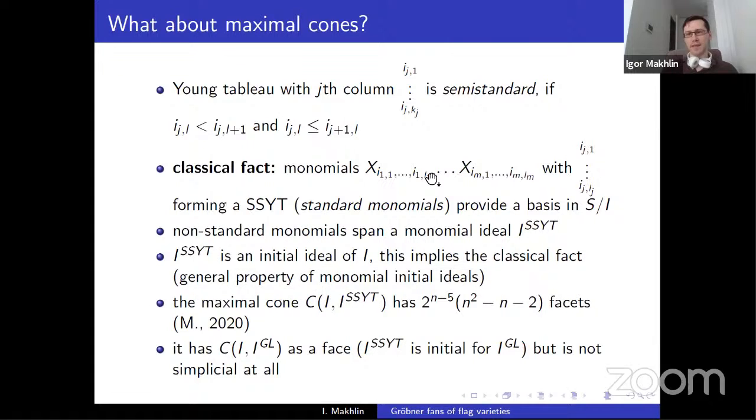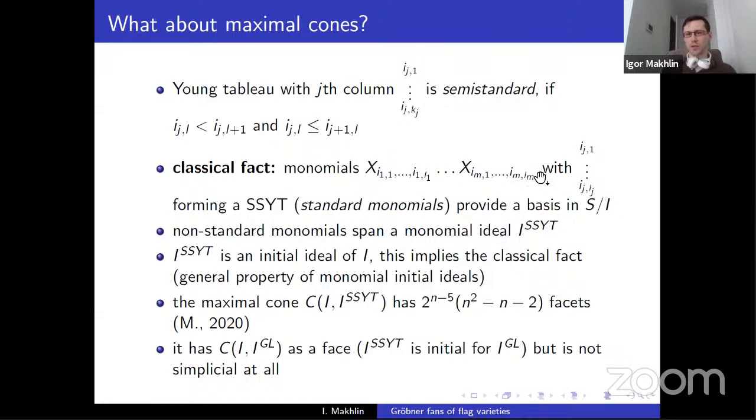And there is a classical, absolutely classical result due to Hodge, probably, that, so let us consider all products of Plücker variables such that if we take the corresponding subscripts and turn them into Young tableaux, the corresponding Young tableau is semi-standard.